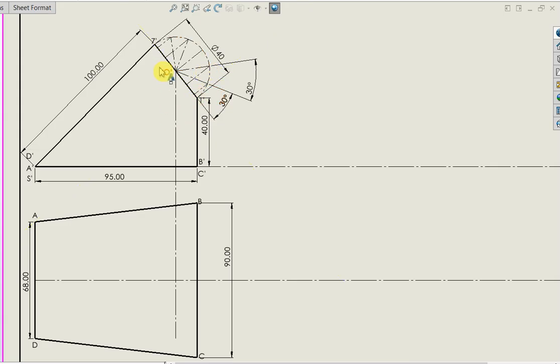Next, I'm going to drop down vertical lines from these points, from the various points that I'm having here.